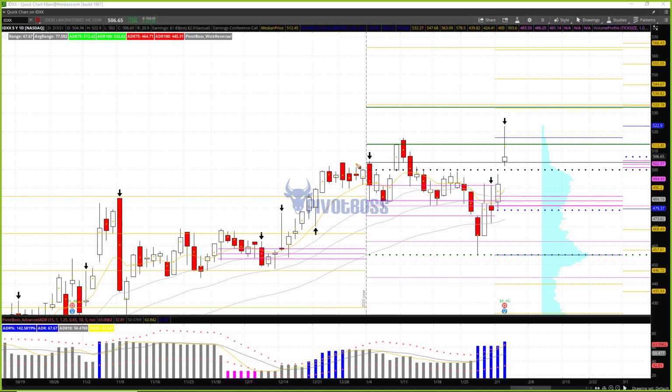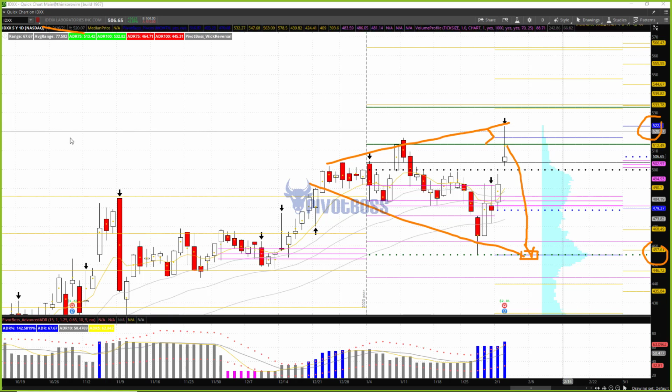But I would say right here, this type of reaction can lead to a quick swing pullback toward the previous month's low, which in this case, IDEX Labs, that's a big move. I mean, you're talking 500 to 450 type of move. So the fact that we rejected those highs, again, across intraday time frames, it's a strong reaction up here.